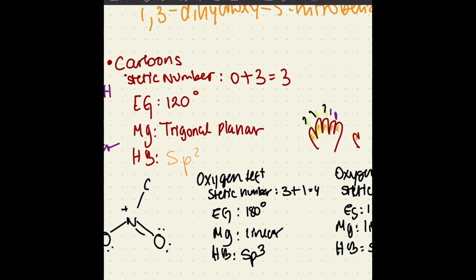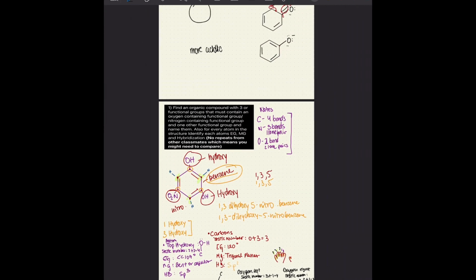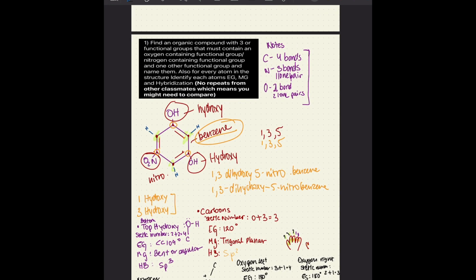I believe that's it for all of it. I named the functional groups. I wasn't sure if we had to name the whole compound or explain how to name it, but I also did the electron geometry, molecular geometry and hybridization for all the atoms in the compound except hydrogen.